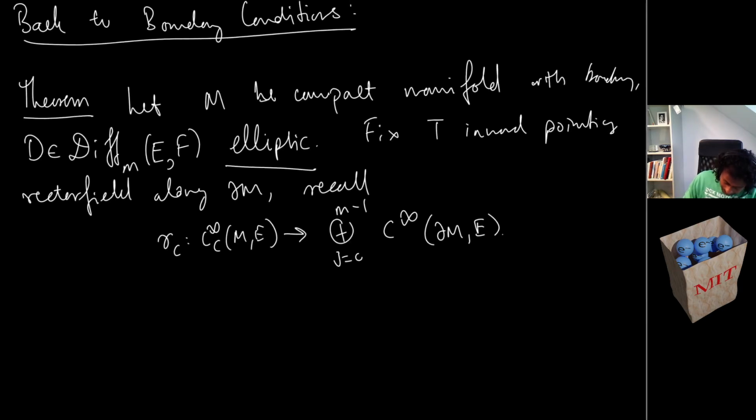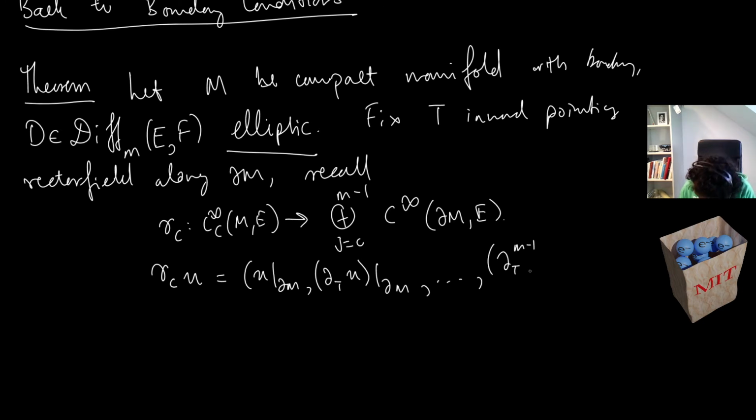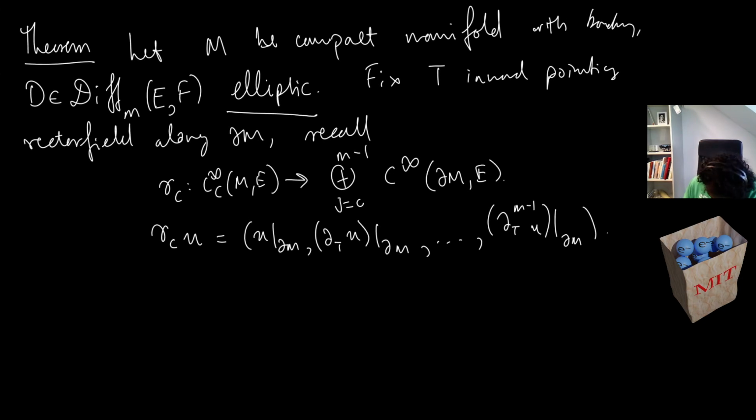Okay, so this map is given by u goes to u restricted to M, partial T of u restricted to M, dot dot dot, partial T to the m minus 1 of u restricted to M. Okay, so this was this map. So recall this map.